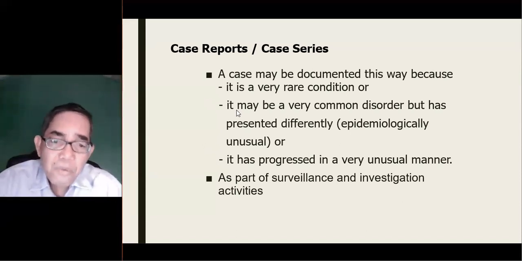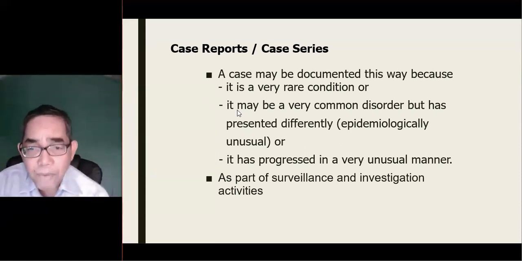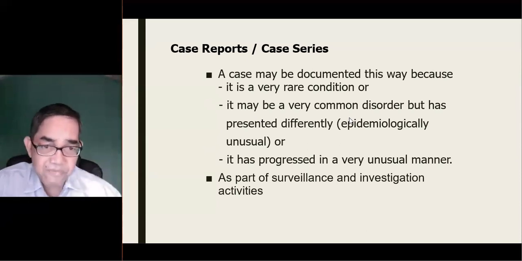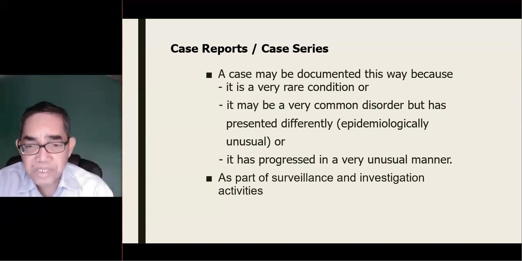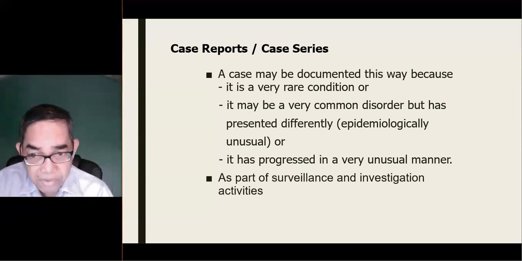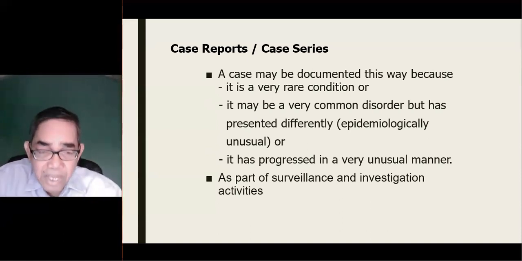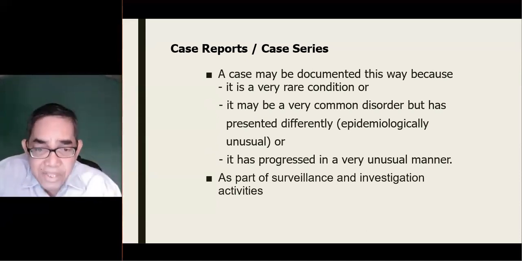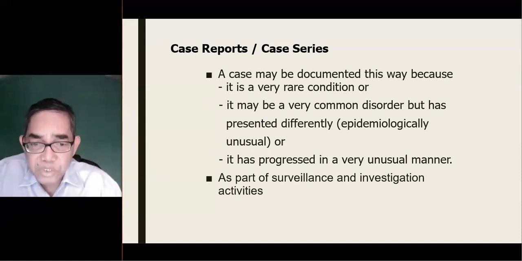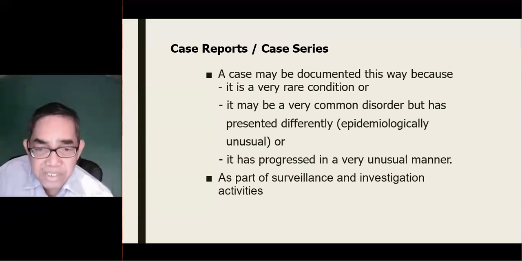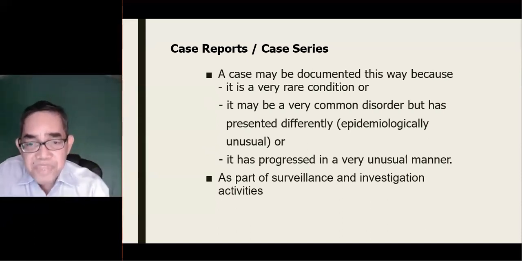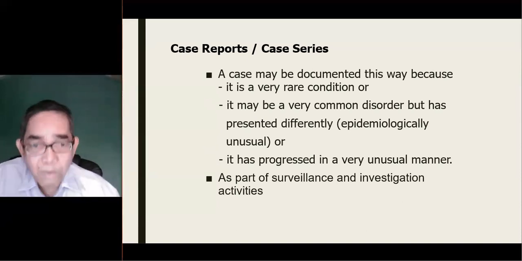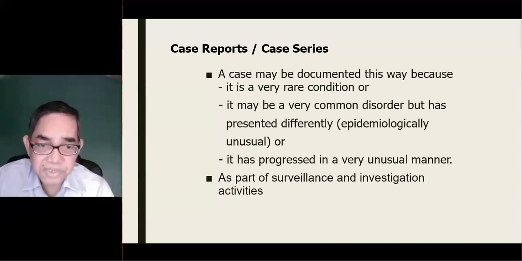Now, it may also be a common disorder. We can have a case study or a case report of a common disorder, but it is presenting to us differently, epidemiologically, or unusually. So the presentation is different from the other diseases. So we can also make that a case report or a case study.